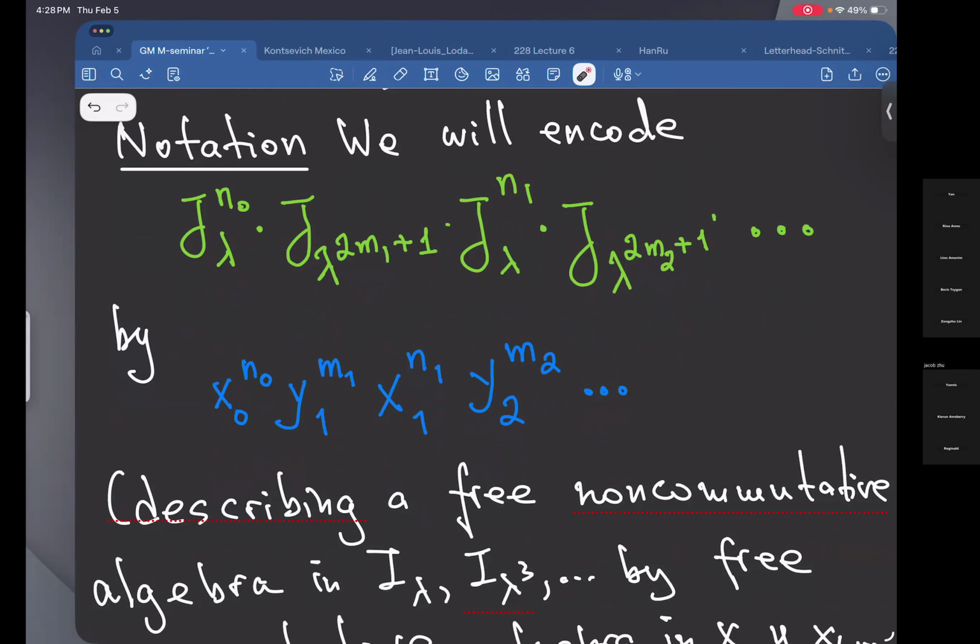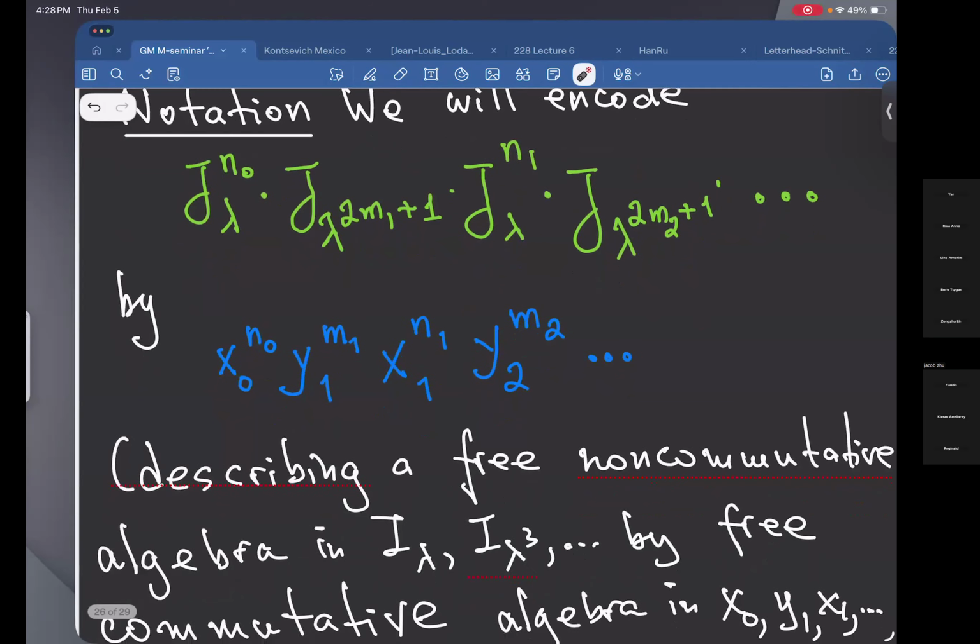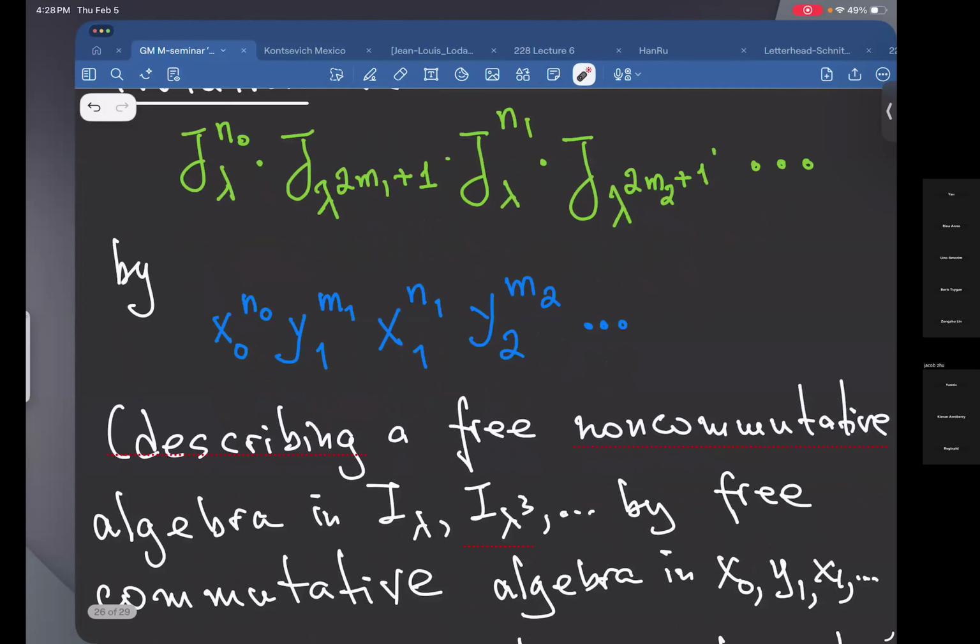I can encode this element in a product of four monomials as an honest polynomial in four variables.